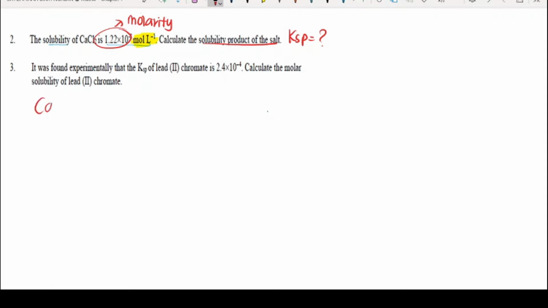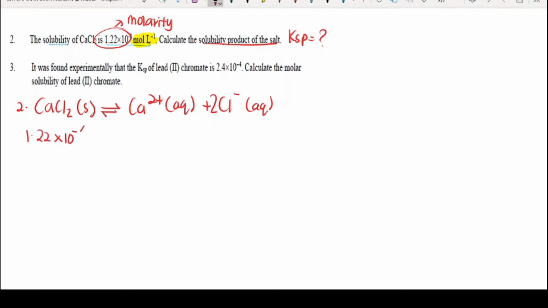So CaCl2 will dissociate to become Ca2+ aqueous and Cl minus aqueous. So the molarity for CaCl2 is 1.22 times 10 to the power of minus 8. So your KSP would be the multiplication of Ca2+ times Cl minus to the power of 2.